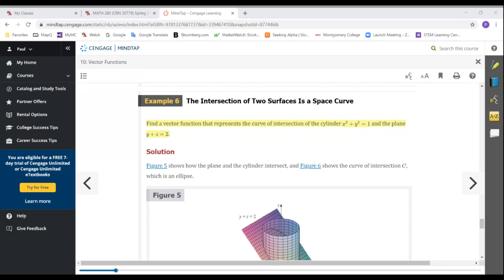In other words, here, I'll show you what I mean. So you have a plane, y plus z equals 2, and we could write that as z equals 2 minus y.